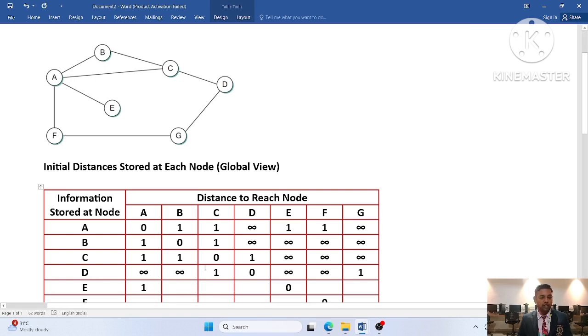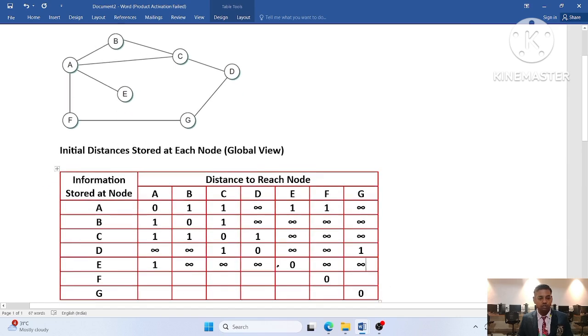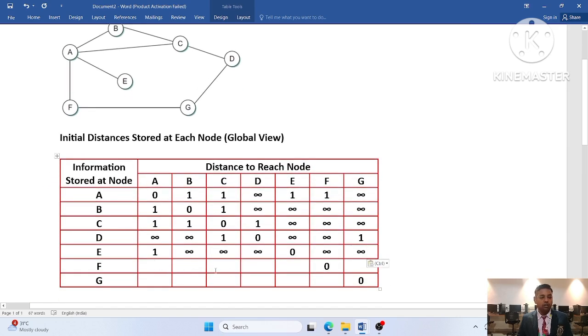Router E doesn't have a direct link to any other router, so the remaining values are infinity. So router F has a direct link to A. So F to A is 1 and F to G is 1. The remaining are all infinity.